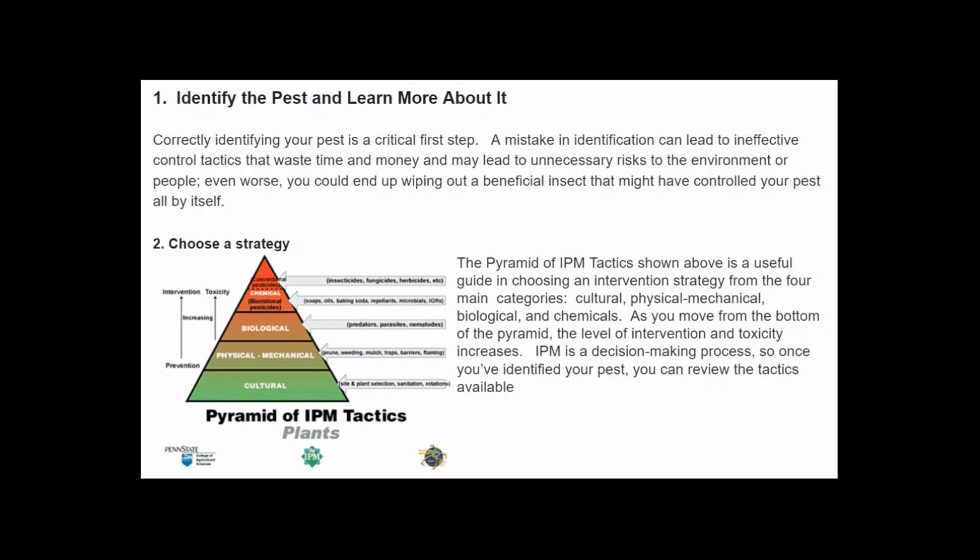There are four main categories. Cultural: that's where the plant is grown and so on; site and plant selection; sanitation and rotation. You've got to know where you're growing the plant.